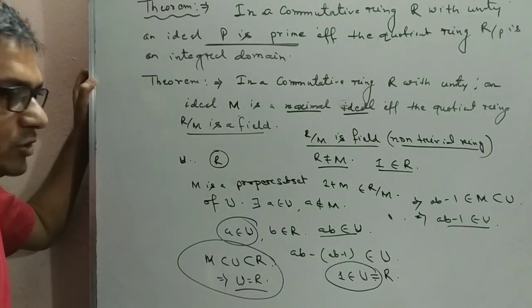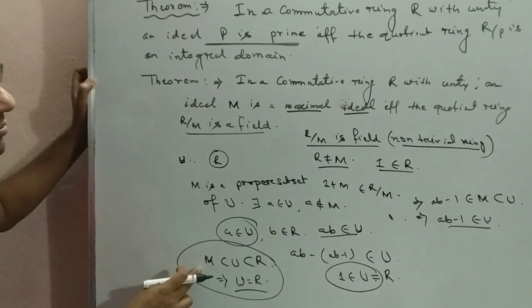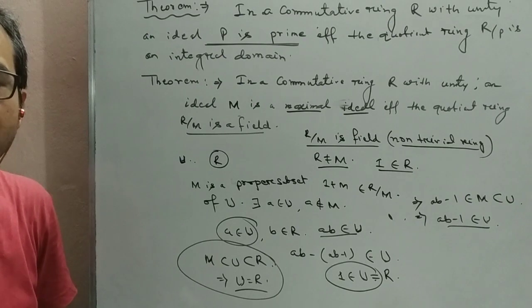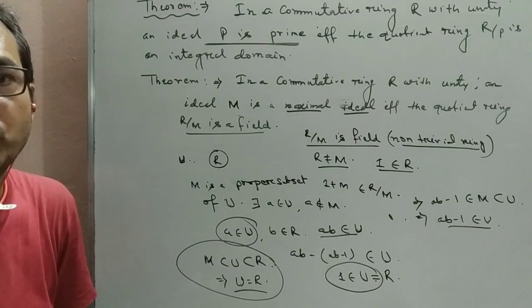So M is the maximal ideal of the ring. This completes the proof of this theorem.